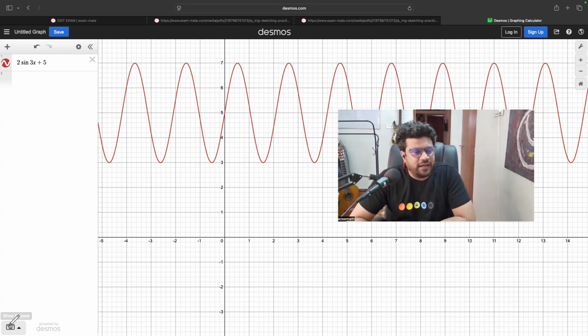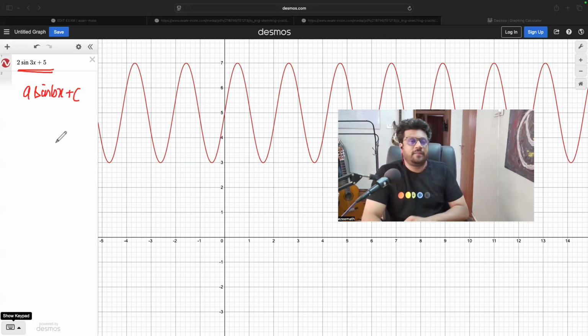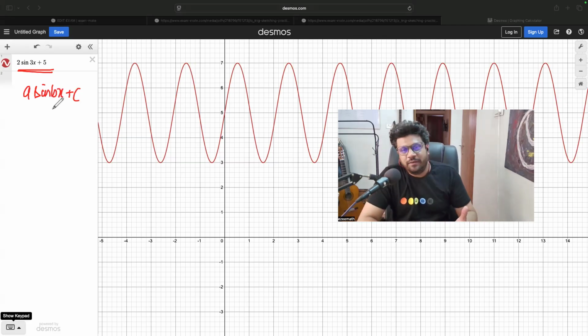What I have here is a standard sine curve that may be asked. By standard, I mean it's going to be of the form a sine of bx plus c. That's the form which is usually asked to sketch.